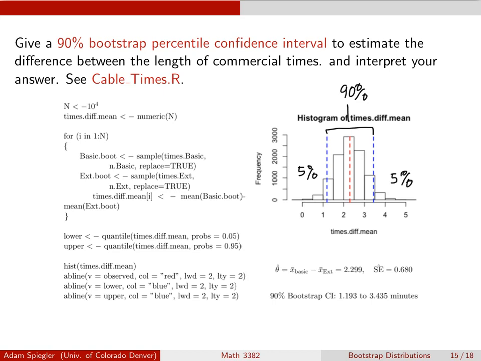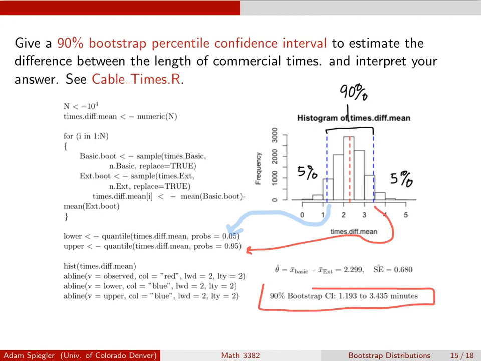So for example, that's the 5% over there, and over here, if 5% is above it, that means that would be the 95th percentile over there. And so what we can see, we get a 90% bootstrap confidence interval. These cutoffs wind up being 1.193 and 3.435.